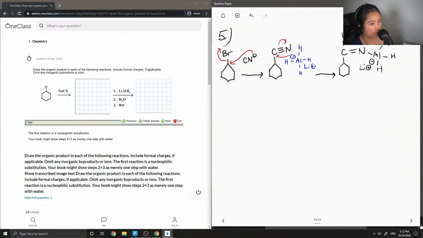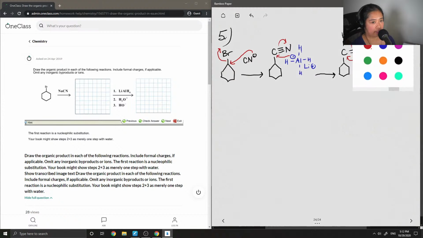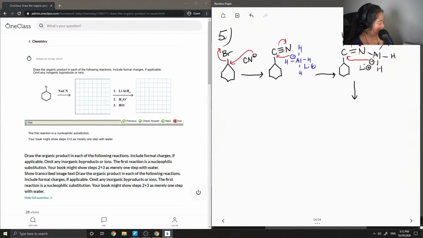So now this negative charge will come and reduce that double bond again. So that's basically the role of lithium aluminum hydride, is that it reduces your triple and your double bonds to make just single bonds.